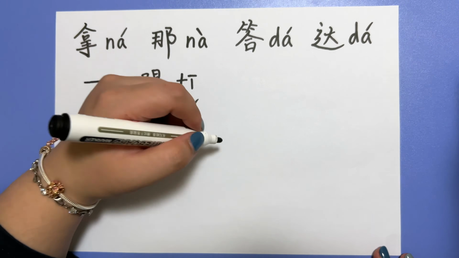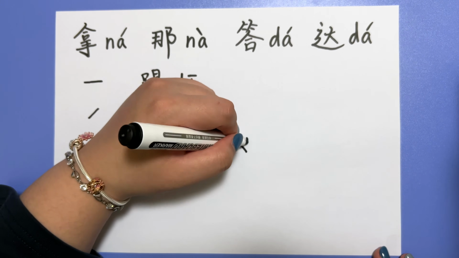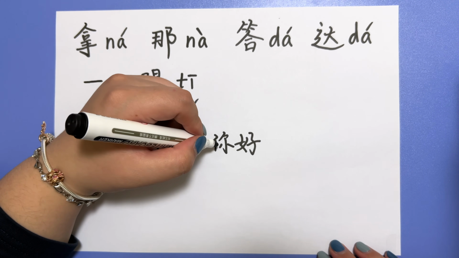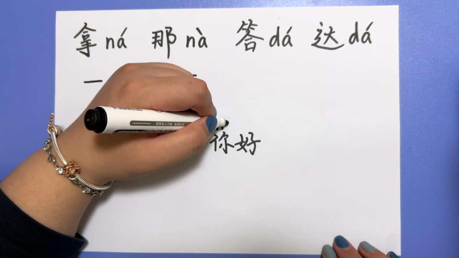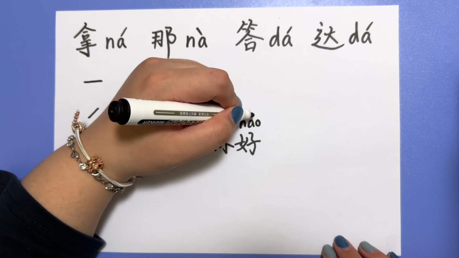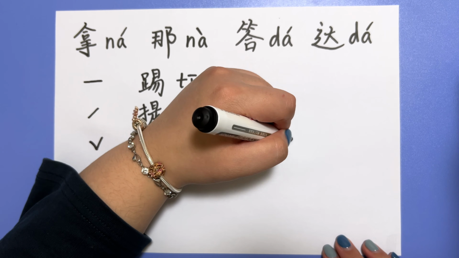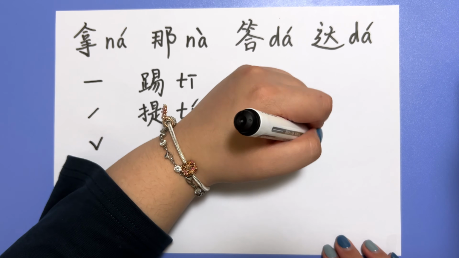For example, when we say hi to people, we say 你好, ni hao.